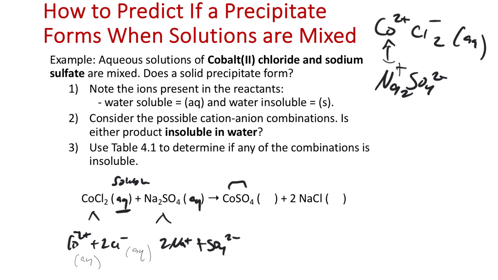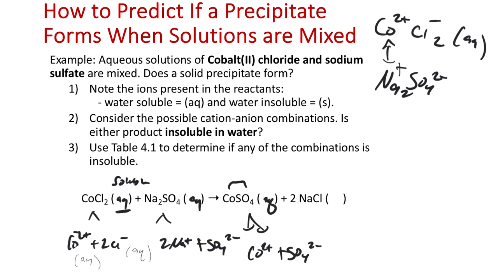If you check the solubility chart for sulfate, it's generally soluble with 4 exceptions. The exceptions would be strontium, barium, mercury 1, and lead. Cobalt's, of course, not one of those exceptions, so this is water soluble. So we'd write AQ for that. So cobalt sulfate is really cobalt ions in solution and sulfate ions in solution.